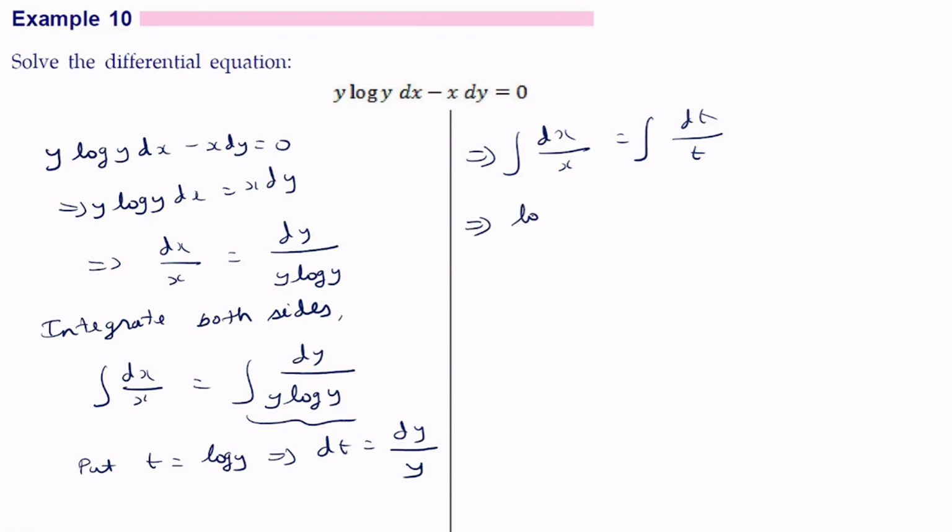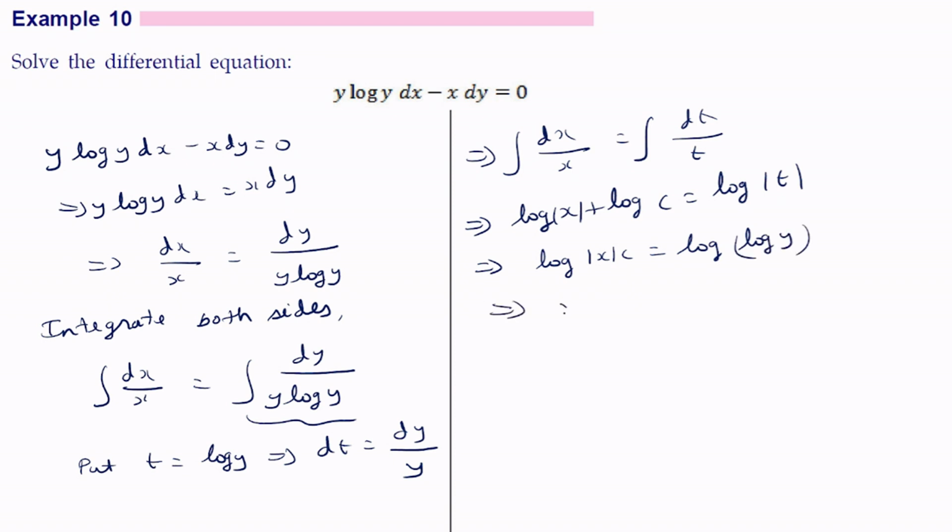So here if we integrate, we get log mod x plus log c equal to log mod t. Now log a plus log b is nothing but log ab, so log of xc equal to t, and we have taken t as log y, log of log y.